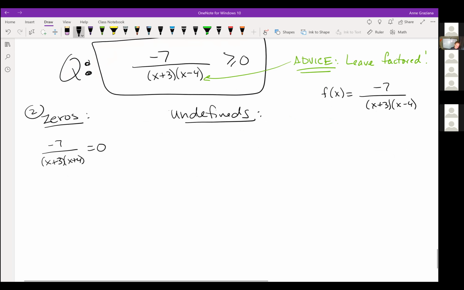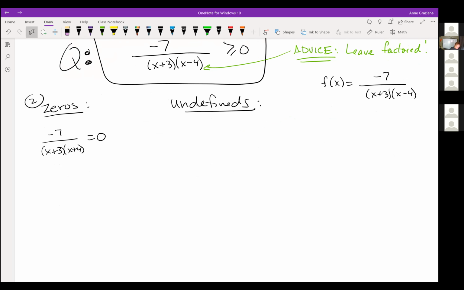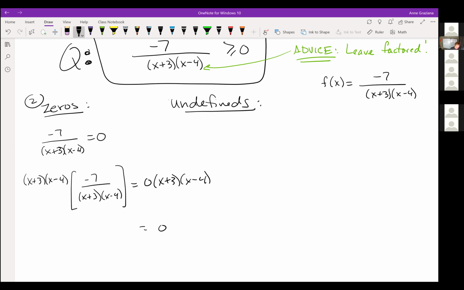That's what we do. Okay, and then we're going to multiply both sides by the denominator, just like we would, because it's just an equation. Oh, this is -4. What am I doing? And I'm going to do 0 times x plus 3 times x minus 4, which is just 0, okay?